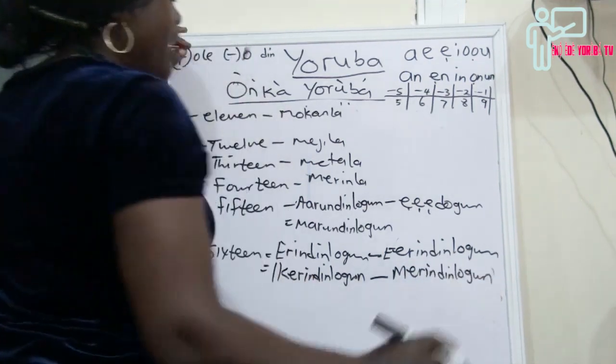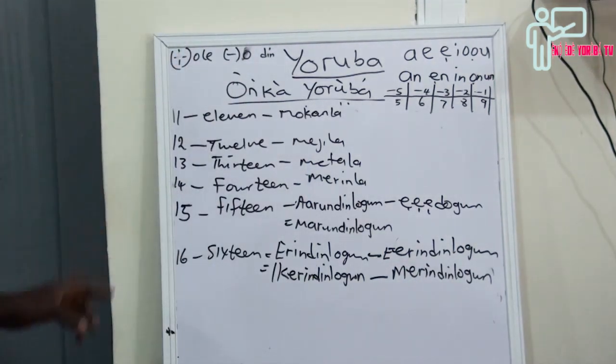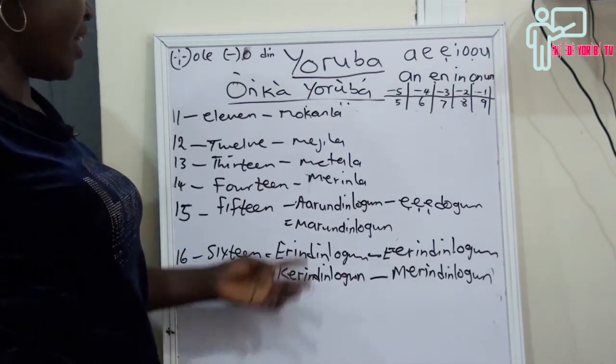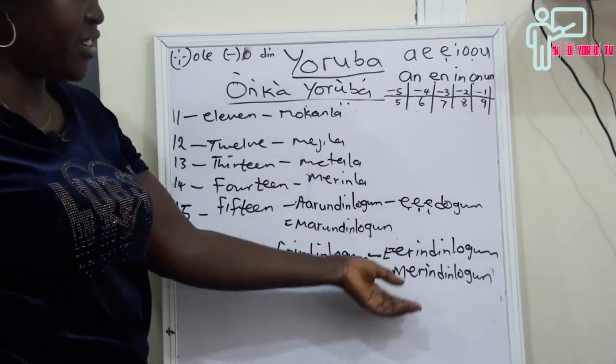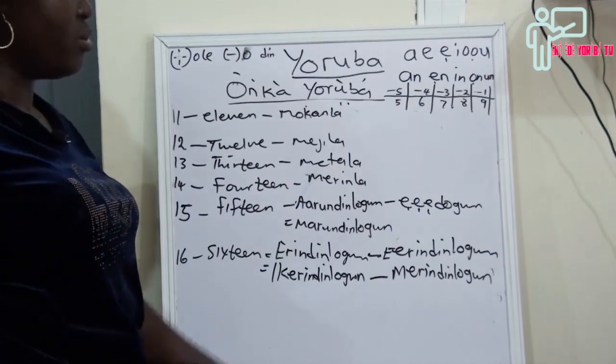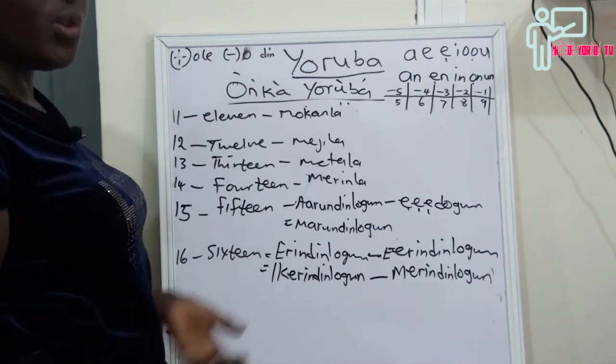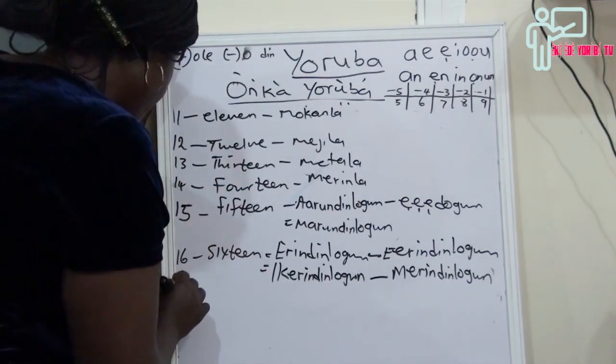So they are still talking about the same thing, 16. You can say ẹ̀rìndínlógún, ìkẹrìndínlógún, mẹ́rìndínlógún.